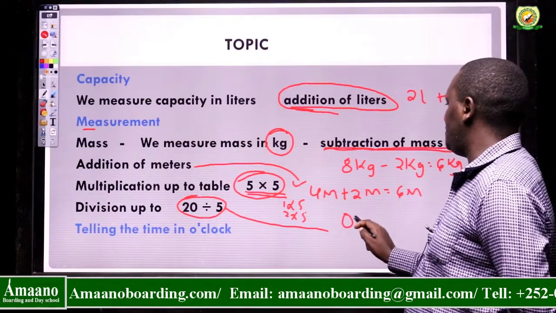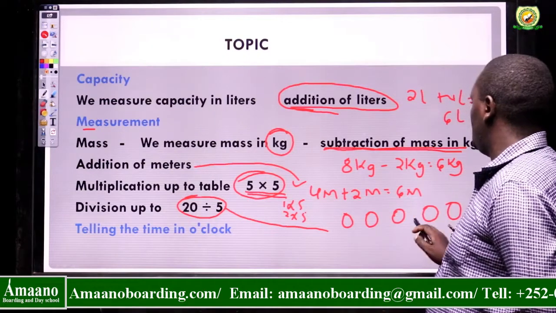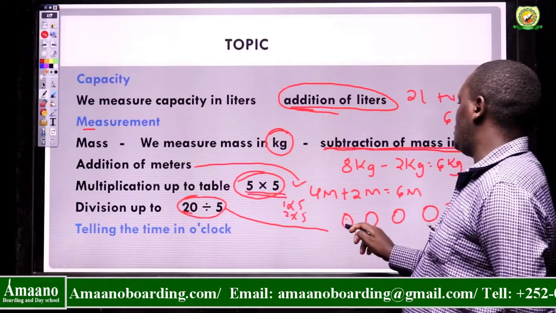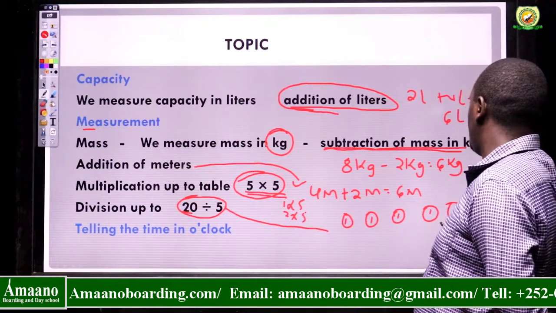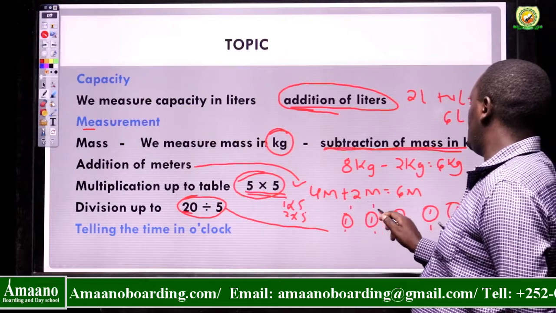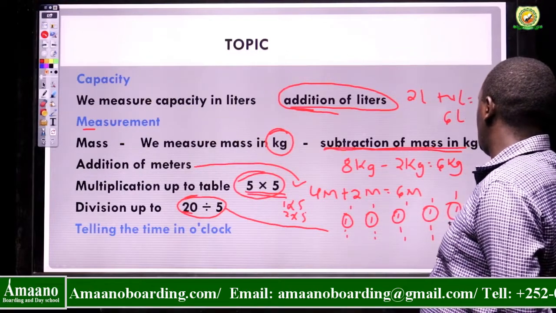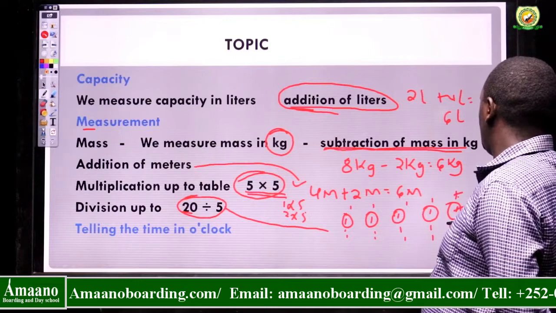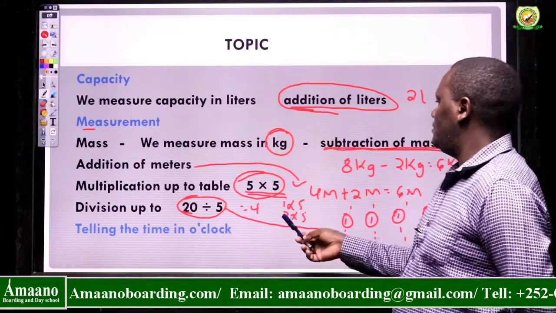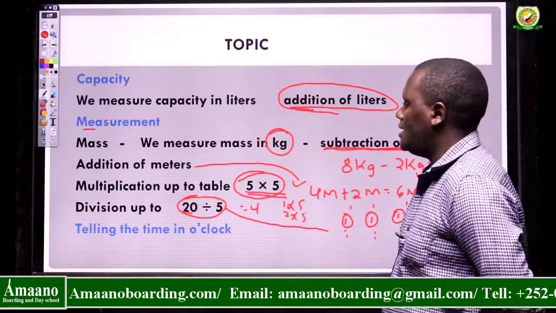You count maybe the 5 zeros, those are 5, then count 20 sticks, that is you can count 1, 2, 3, up to 20. Then you count 1, 2, 3, 4. We find it is 4. So much of it we did in our classroom.